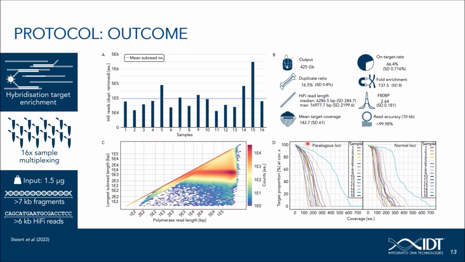What you can see here is the comparison between some normal loci of equal sizes and these paralogous loci. You can see here that the normal loci are of course sequenced better, so the distribution of coverage is more even than in the paralogous loci. However, the paralogous loci are also covered quite well, and with that data you can do whatever analysis you want to perform.